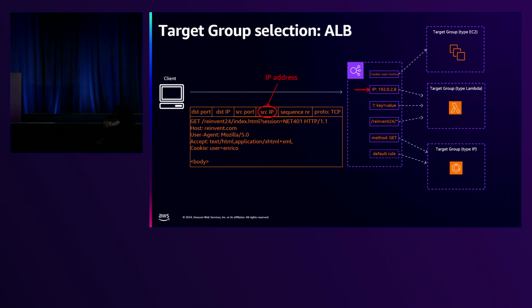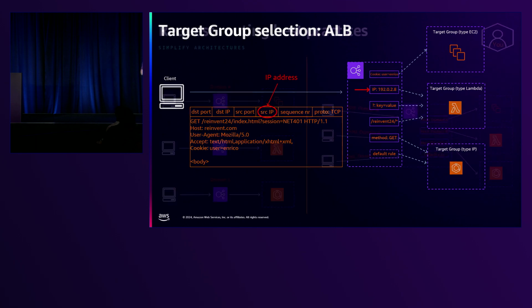Now, this rich set of options gives ELB great flexibility. And indeed, ELB has been designed to simplify architectures, and it is intended to load balance traffic directly to the targets behind it, regardless of the specific technology used in those applications behind the load balancer.